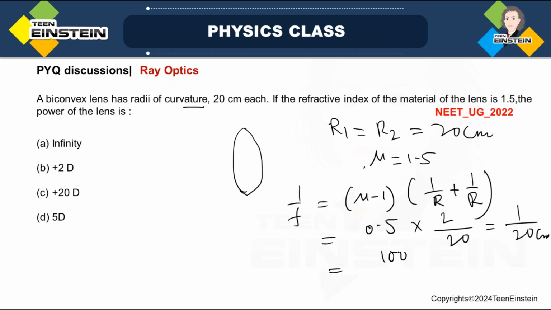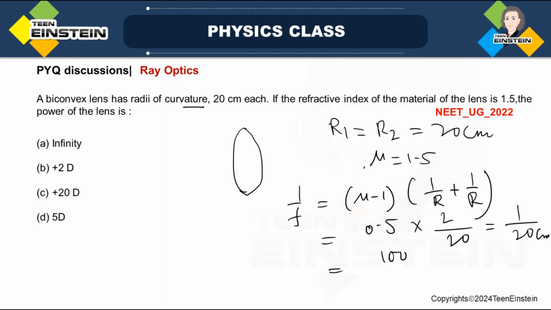Now this question is also a very simple question. Find the value of angle of emergence from the prism given below for the incident ray shown. The refractive index of the glass is root 3.